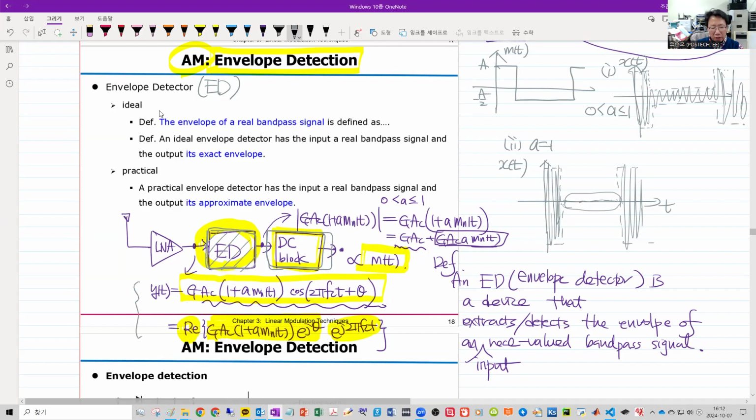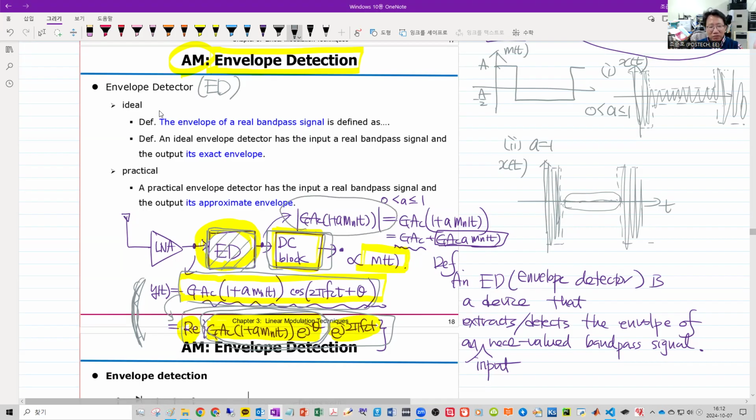It seems that according to the mathematics, it's not that simple. We want to build some system that does this mathematical operation, right? You have a received signal. Somehow you convert this real valued bandpass signal into this form, you identify the complex envelope part, and you take the absolute value or modulus.